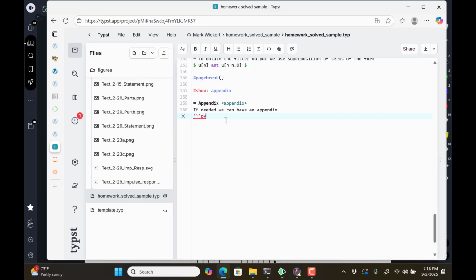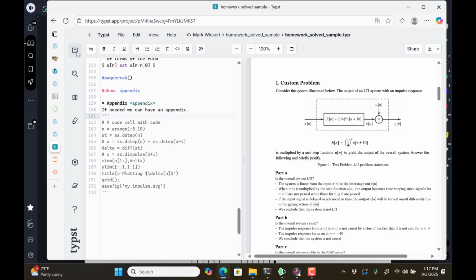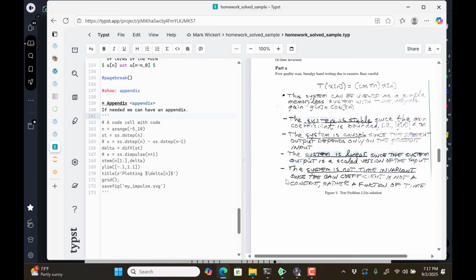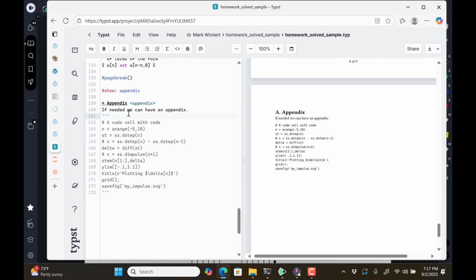Enter is making me backspace, so let's just do this. Control V, my code is in there, and my code should be in the appendix at the end. There it is, but it thinks it's just text, so if I type the word Python next to it, it colorized it with Python colorization, so kind of handy like that.